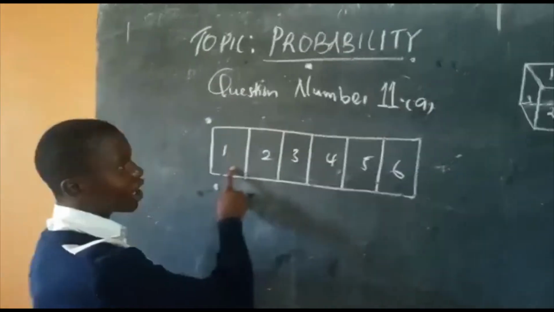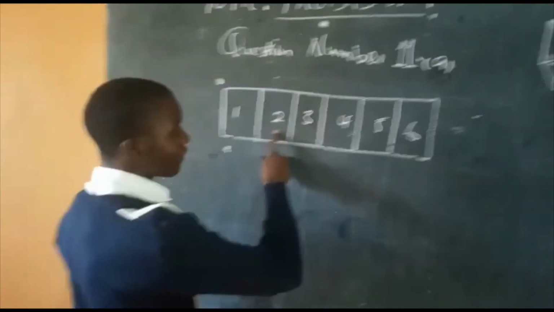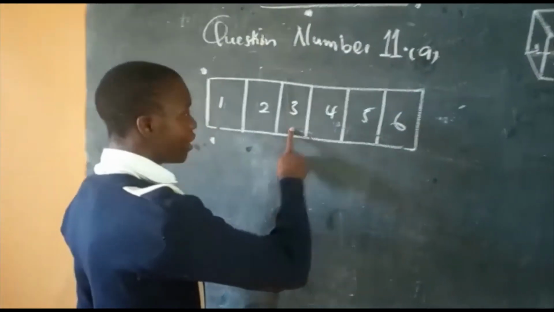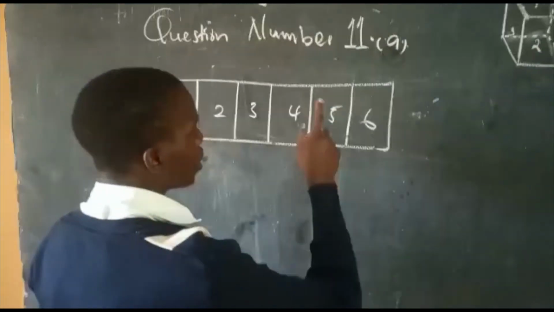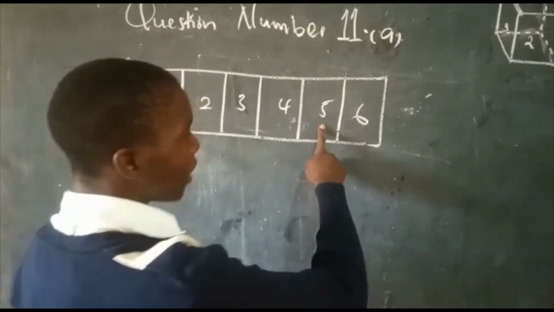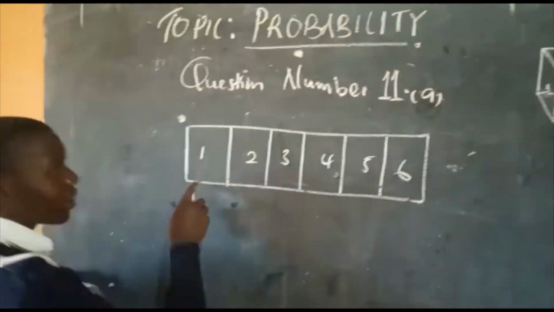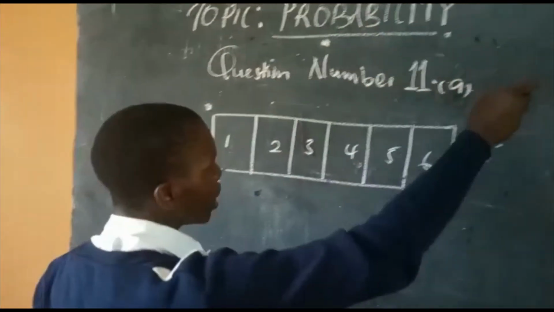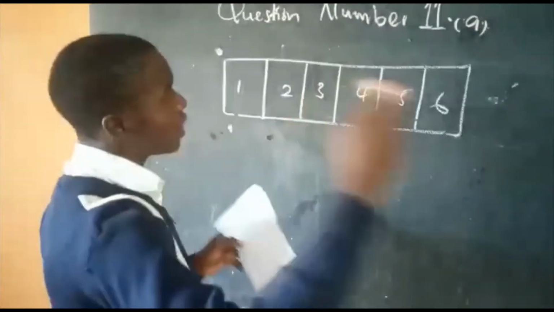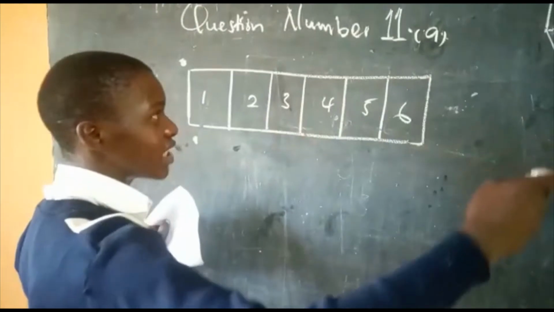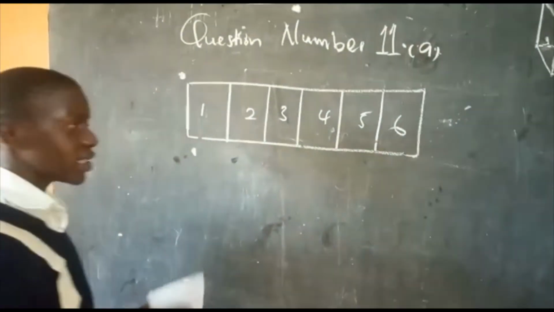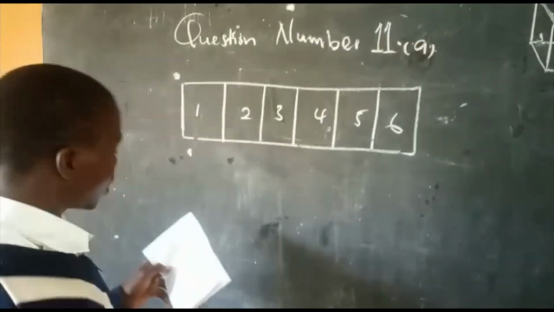The first face having 1, the second face having 2, the third face having 3, the fourth face having 4, the fifth face having 5, and the sixth face having 6. All these numbers are shown in the form of dots on the dice. So now they want the probability of triangular numbers surfacing on top when the dice is tossed on the board.